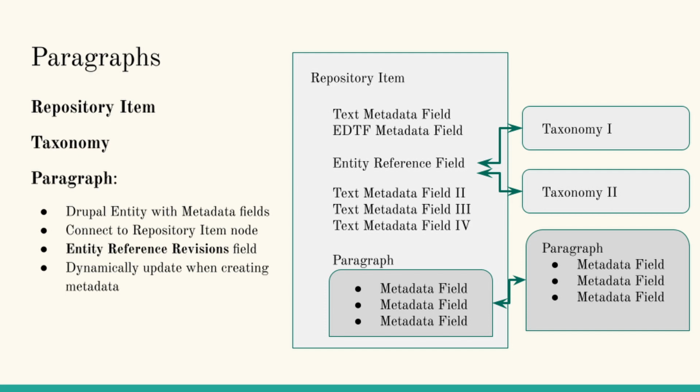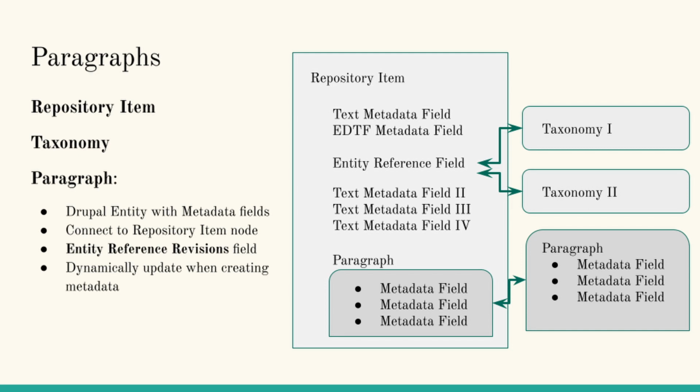What they allow you to do is group a set of metadata fields together that then can be added through the link of the paragraph type to your main repository item type. So they would link similar to the taxonomies, but you could have multiple fields within there.